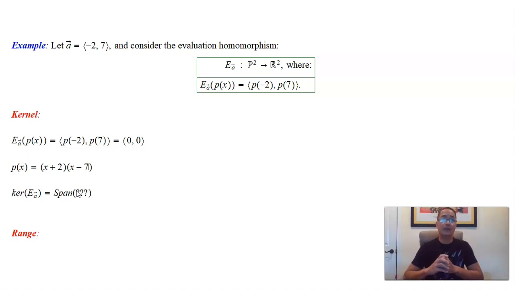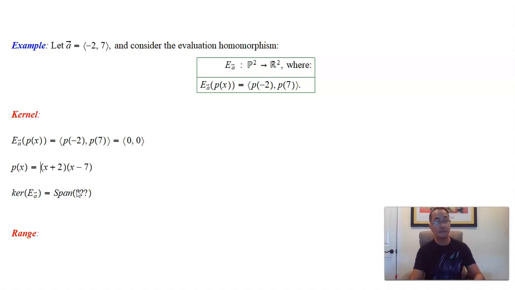But is that the only quadratic whose roots are -2 and 7? How about this quadratic? Or that quadratic? Or that quadratic? All of them have -2 and 7 as roots.